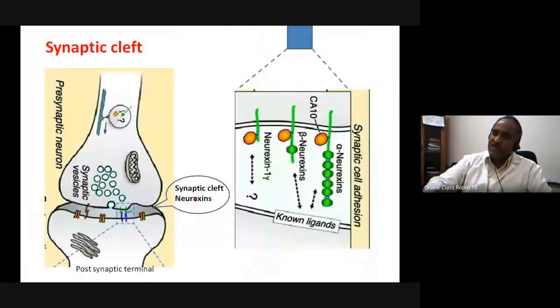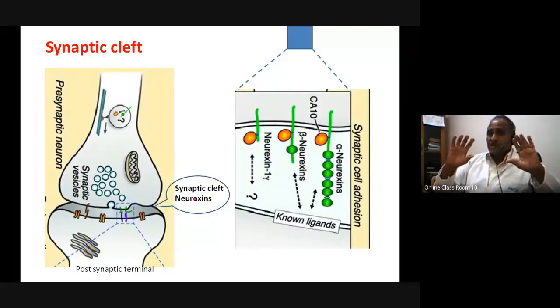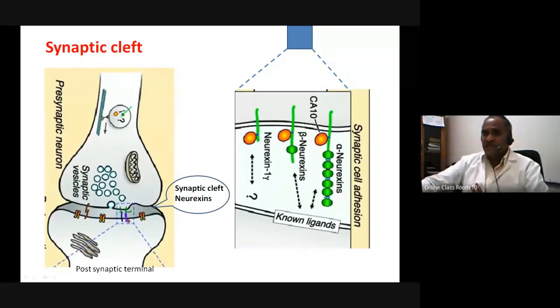Moving on to the next component of the synapse, the synaptic cleft. Just imagine a neurotransmitter is released here, in the extracellular space between this nerve terminal and this nerve terminal. It is an open space.